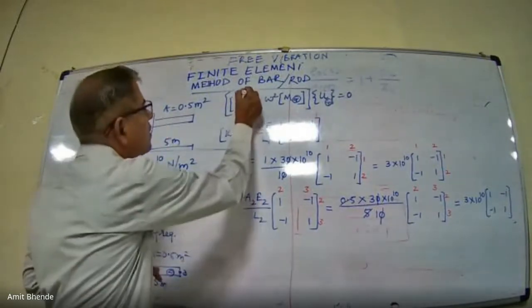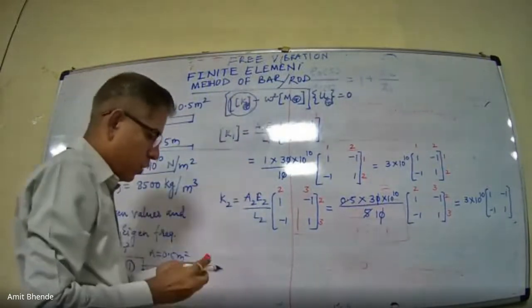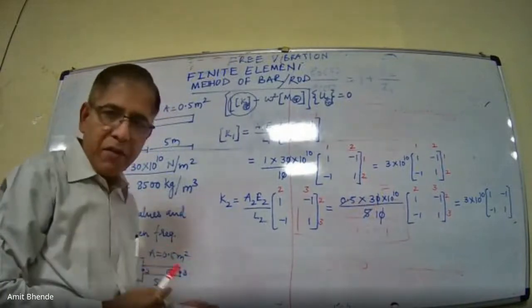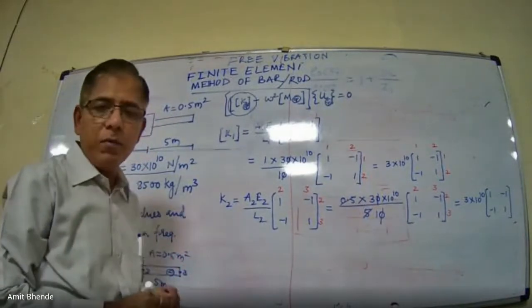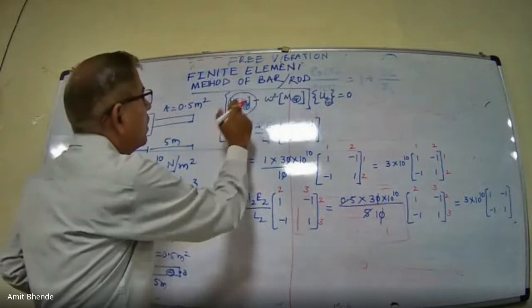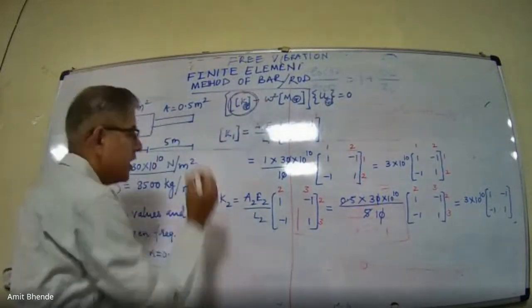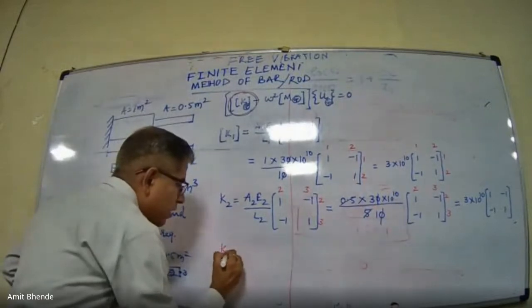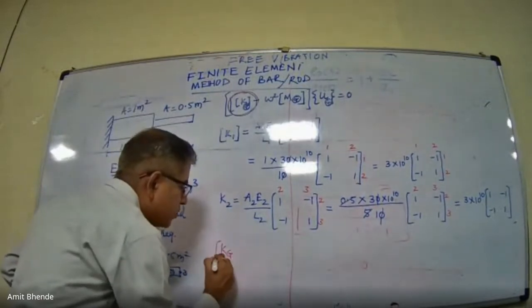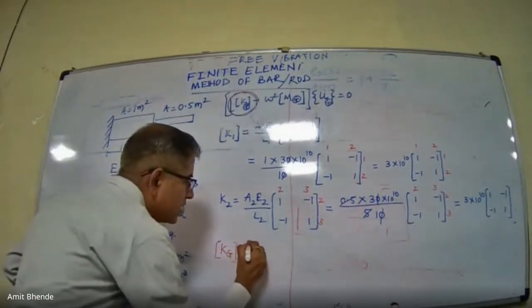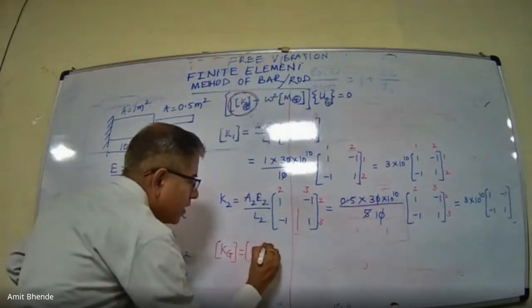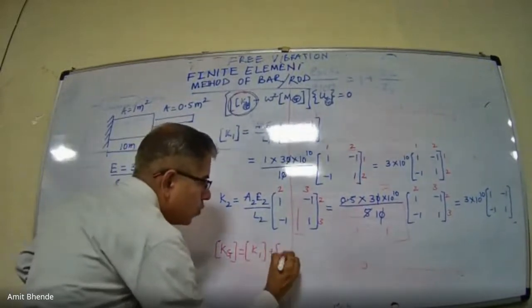Now find out the global stiffness matrix. To find out the governing equation, it requires the global stiffness matrix, that is equal to K1 plus K2.